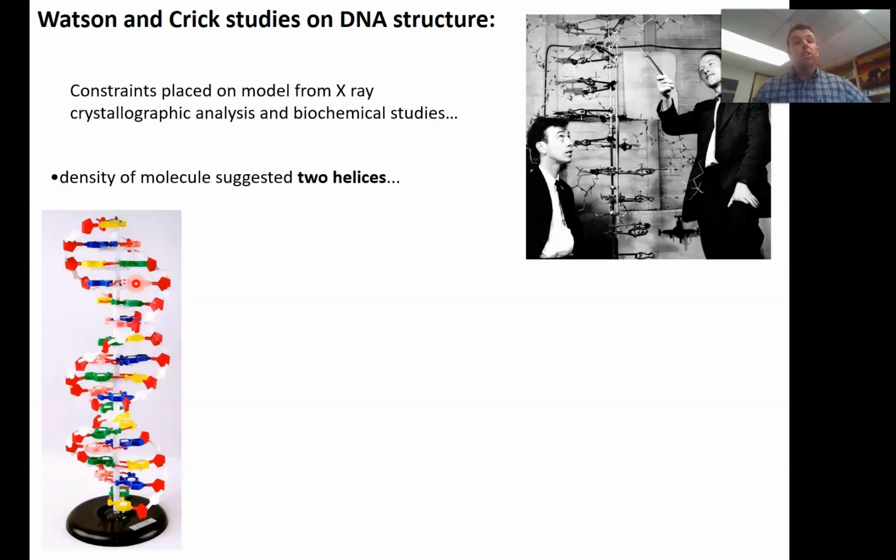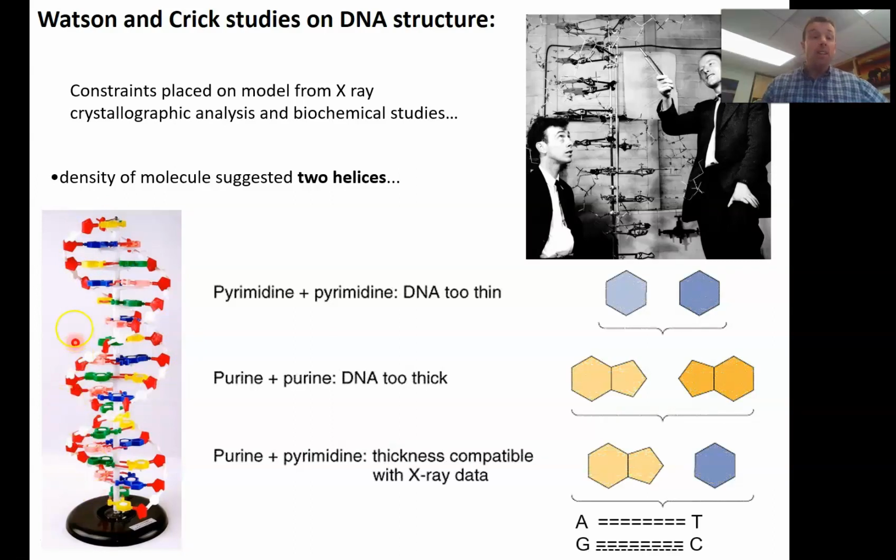So the X-ray crystallography model really suggested two helices. The only way to explain the data they got was that there had to be two helices linked together, and the distance between the phosphate backbone, the part that had some density here, showed that it had to be a purine and a pyrimidine, right? So we had to have one of our double ring bases, either A or G, always bound to one of the single ring bases.